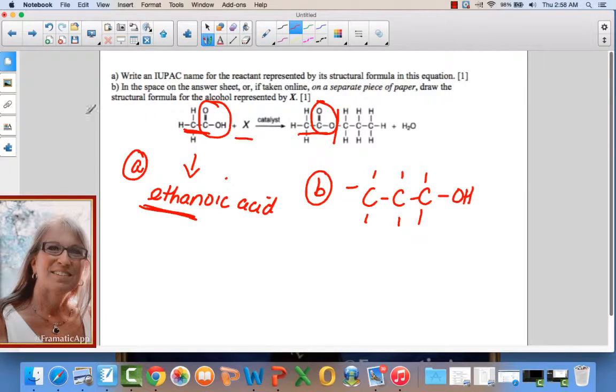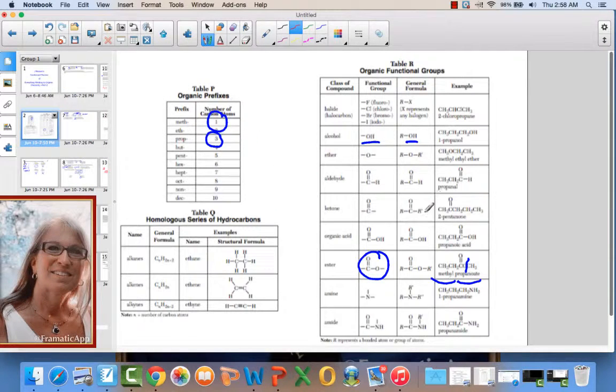So let's go back and look at table R. First of all, for the organic acid, notice this is propanoic. Prop has 3 C's. So we were dealing with ethanoic. So all you do is remove the prop and replace it with the prefix eth, and you have ethanoic. If I had 4 C's, I would remove the prop and put but, and it would be butanoic, and so on and so forth.